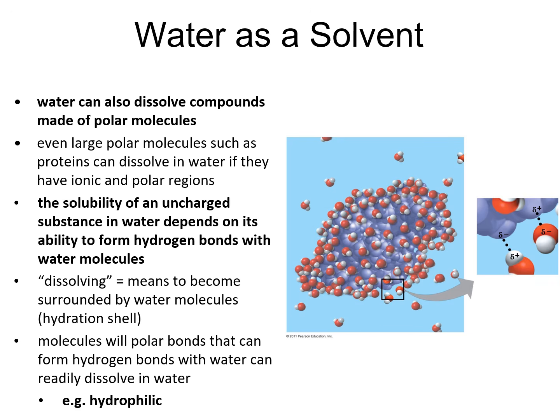Here we have a very large protein which is surrounded by a hydration shell of water molecules because there are regions of slight negative and positive charges in this large compound that you can see. The solubility of an uncharged substance in water depends on its ability to form hydrogen bonds with water. So dissolving means to become surrounded by water, or to have a hydration shell.